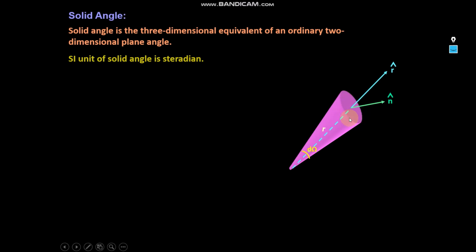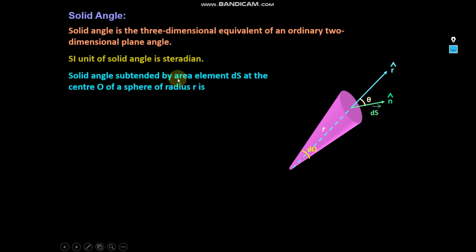If it were a regular cone, then r cap and n cap would be parallel or coinciding. The angle between r cap and n cap would be 0 degrees. Now here it is dS, and this angle is theta.